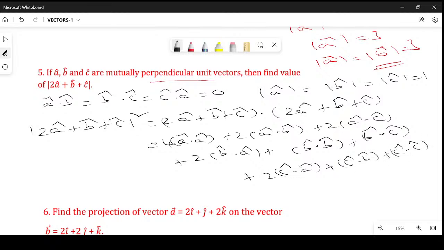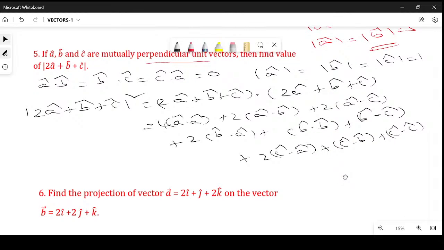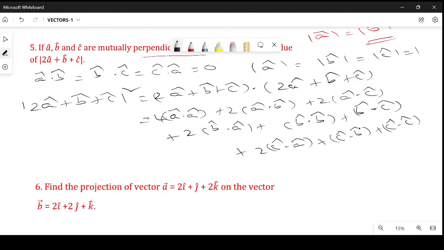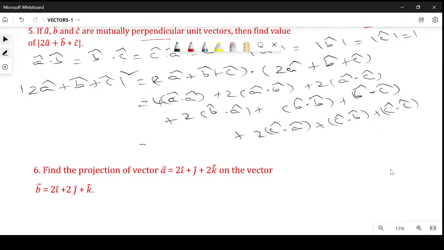But since they are mutually perpendicular unit vectors, you can simplify. a cap dot a cap will be 4 into mod a cap whole square.